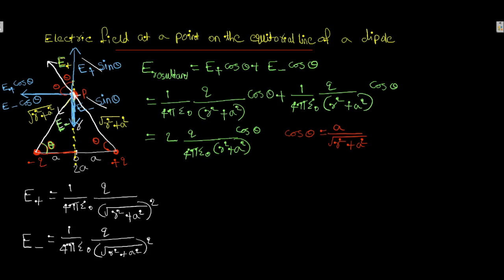Then the resultant electric field we get is equal to 2q divided by 4 pi epsilon 0 times r square plus a square, times a divided by root r square plus a square, where we apply the value of cos theta.